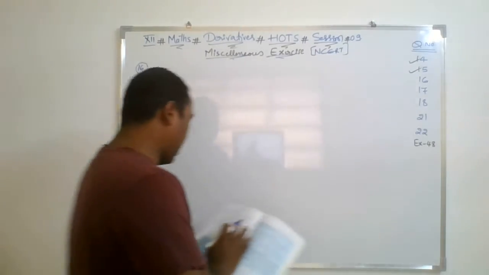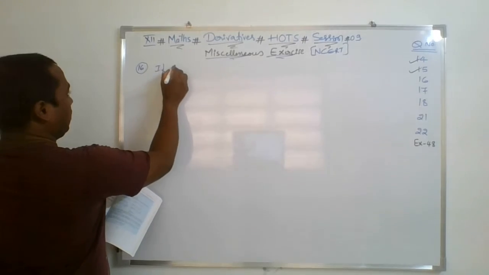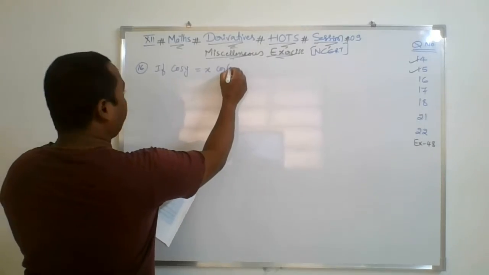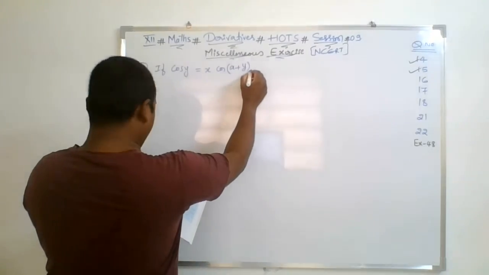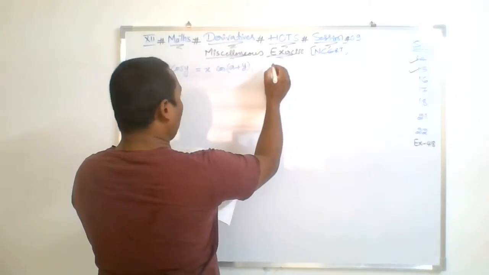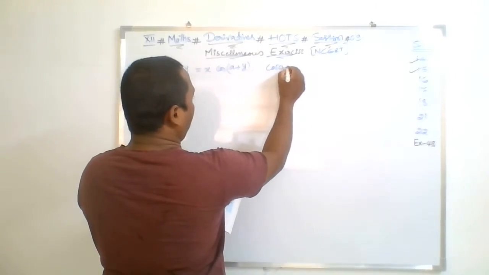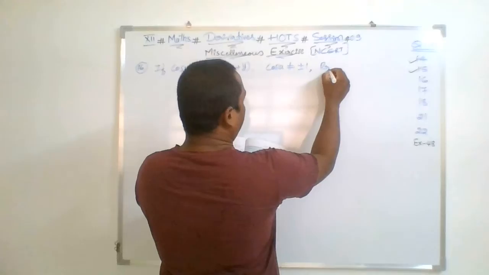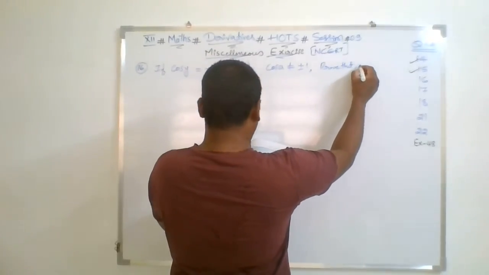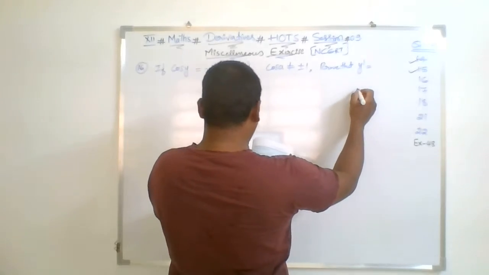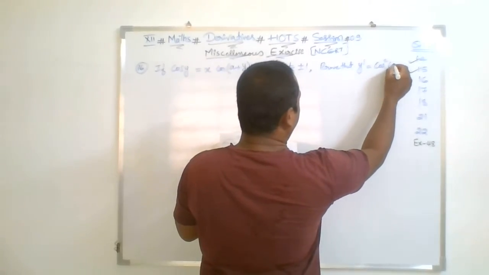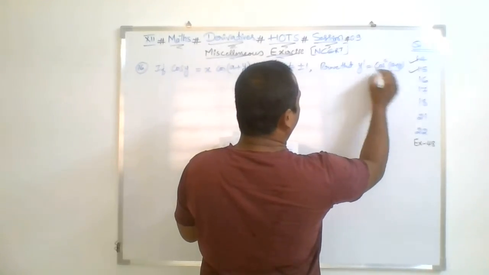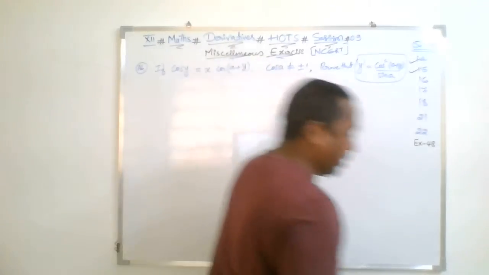The question is: if cos y is equal to x into cos of (a plus y), where cos a, a constant value, is not equal to plus or minus 1, then prove that dy by dx is cos square of (a plus y) upon sin a. So this is the answer we require.